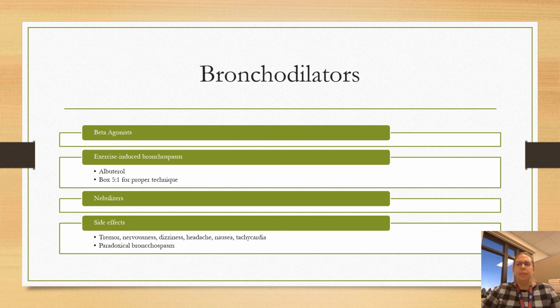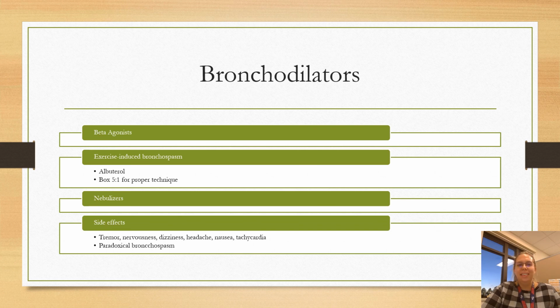Oftentimes these happen more often with more use. So typically you can take 1 to 2 puffs, Q2 hours PRN. 2 hours is typically the shortest time frame that we use, because any more often than that, people's risks of these are a lot higher. And oftentimes I actually even have it closer to like every 4 hours.